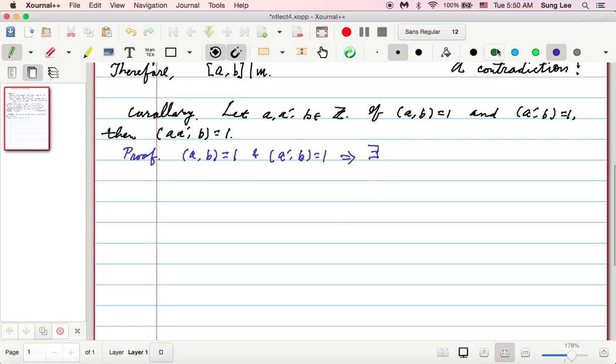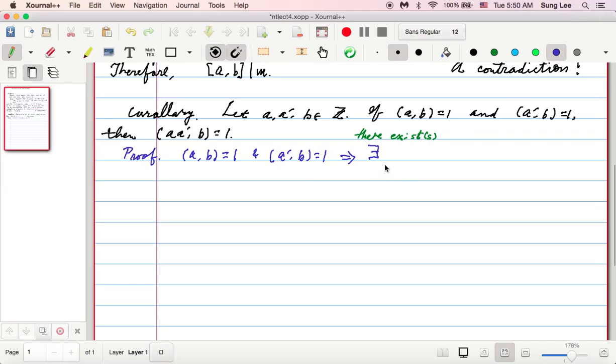What this flipped E means is there exists, or there exist.